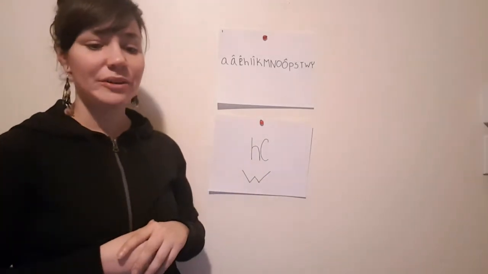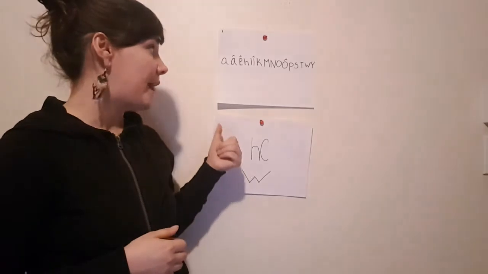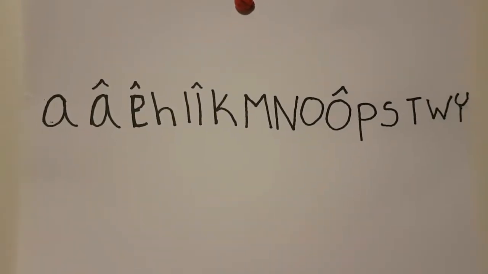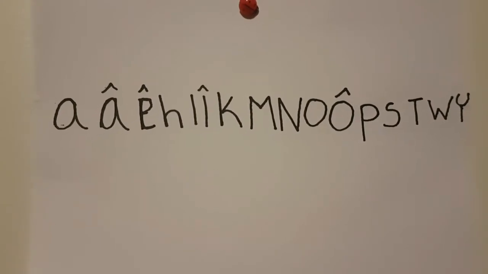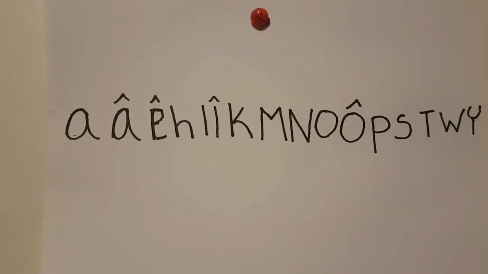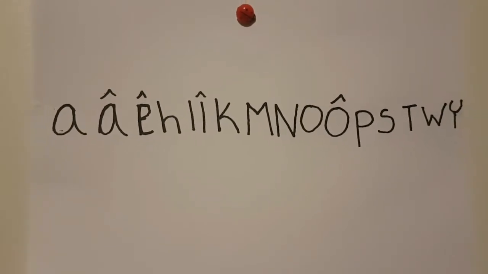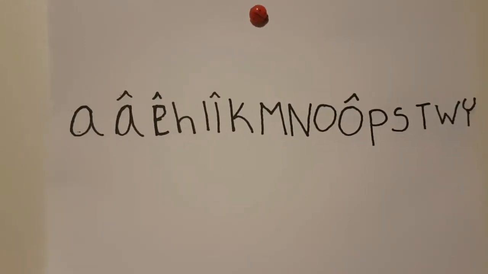So we're going to look at this a little bit closer, and then we're going to go over the sounds. This is what the alphabet looks like, and also my handwriting. Here's what the letters look like, and this is what you're going to be dealing with.